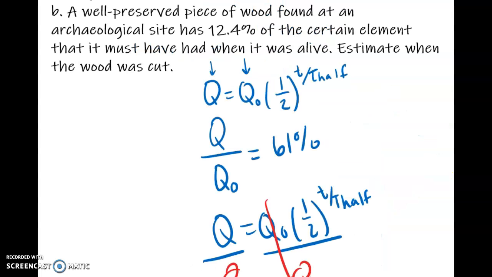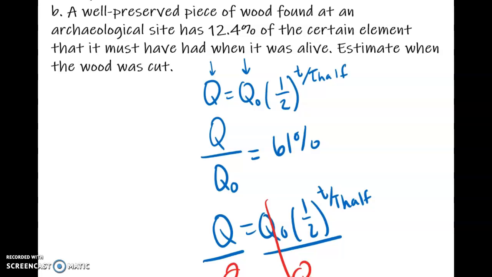All right, so I'm finished with part A. So now I'm looking at part B, and I'm talking about now the piece of wood. Still the same half-life of the element, the 5,700.